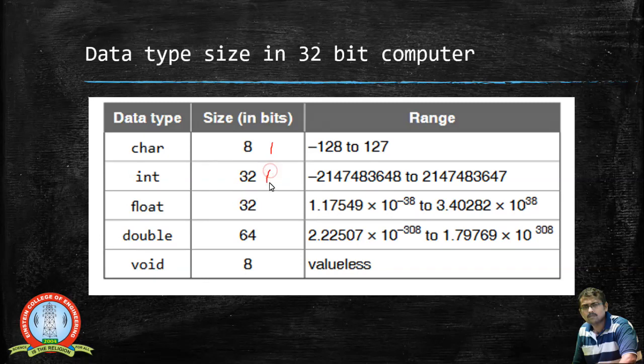Now it has become 4 bytes. In case of float also, it is 4 bytes, and when it comes to double, it is 8 bytes, or 64 bits that we can normally say, right?